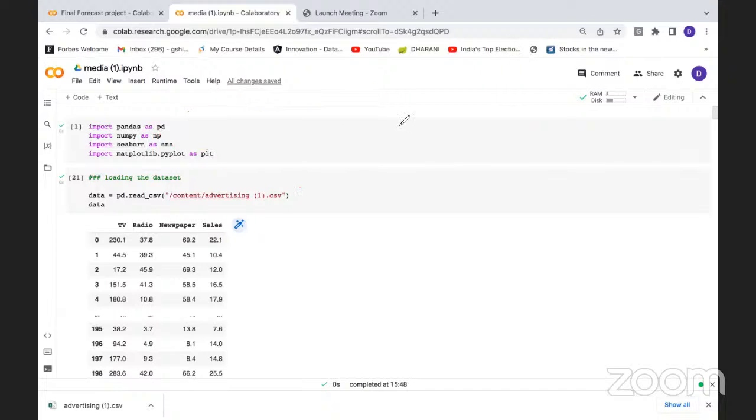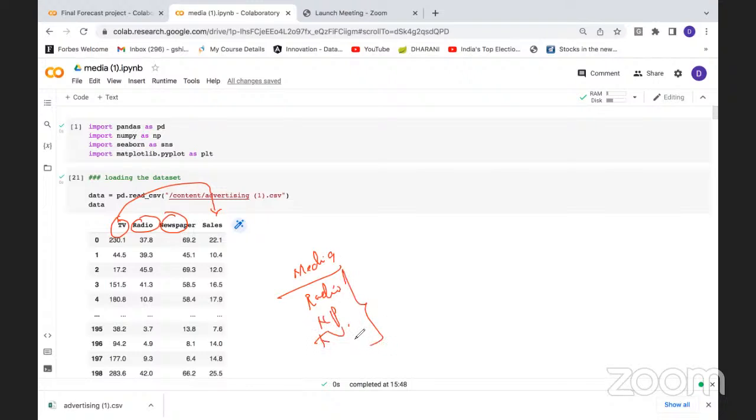See here the data set. We have taken four different variables, but we can take one at a time and build a model. The data set has TV, radio, newspaper, and sales. These are the different media platforms where you can do your ad campaign: radio, newspaper, or television.